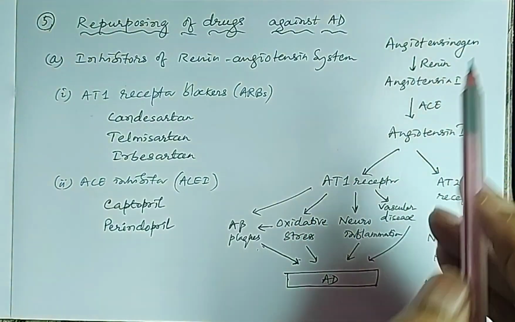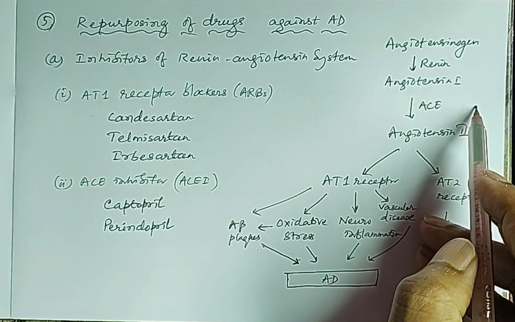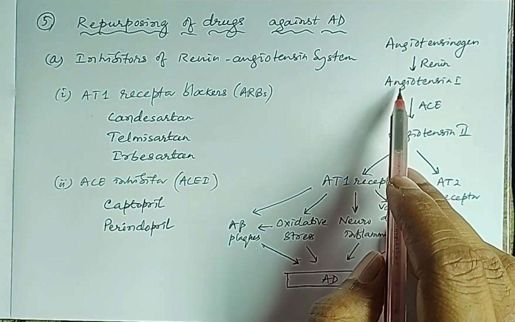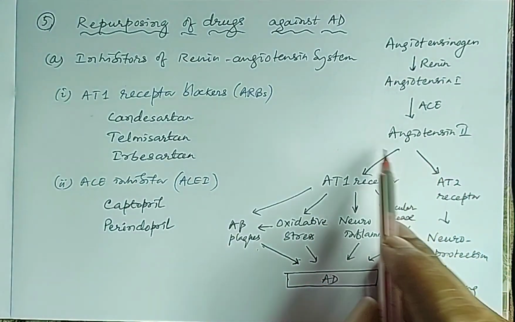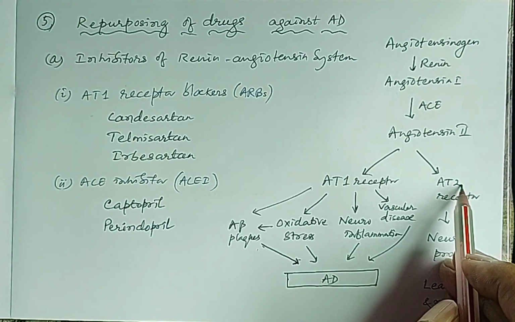Renin is released from the kidney. Angiotensin converting enzyme is released from the lungs. So this ACE converts angiotensin 1 to angiotensin 2, which is an octapeptide, and this angiotensin 2 acts on either AT1 receptor or AT2 receptor.